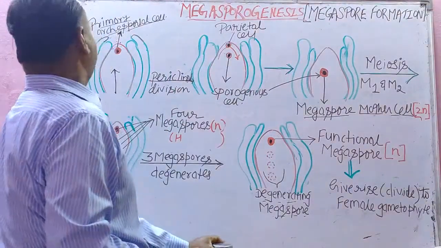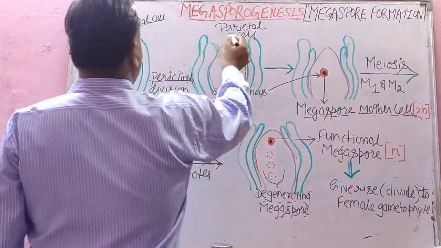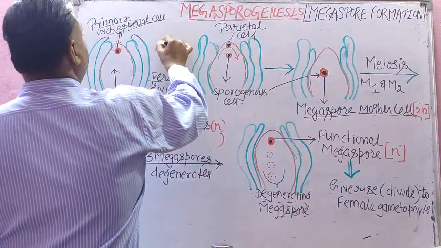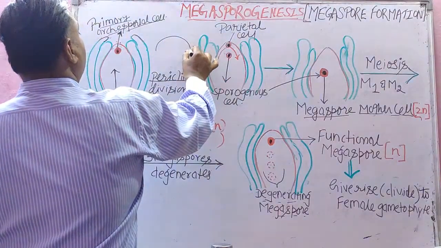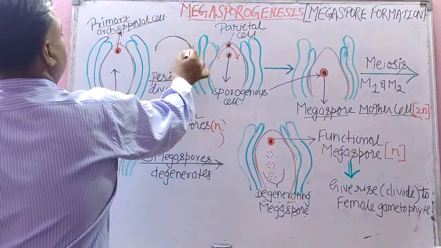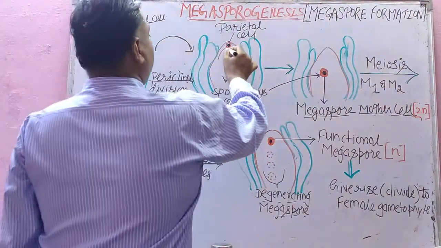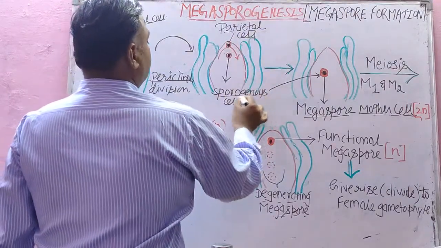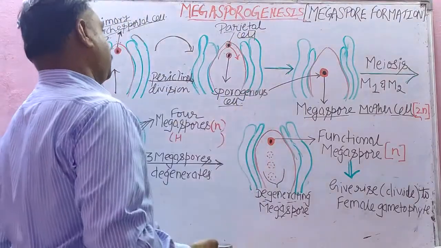Now these archesporial cells will divide periclinally. Periclinally means, student, parallel to the organ, like this. Periclinal division will give rise to outer parietal cell and inner sporogenous cells or sporocytes.